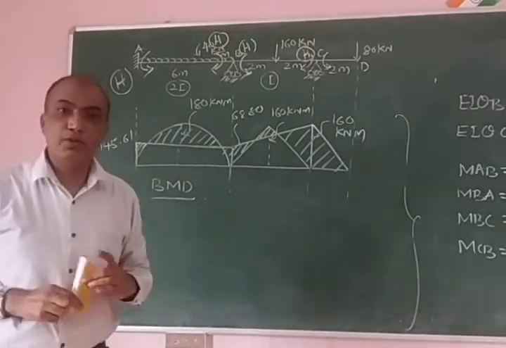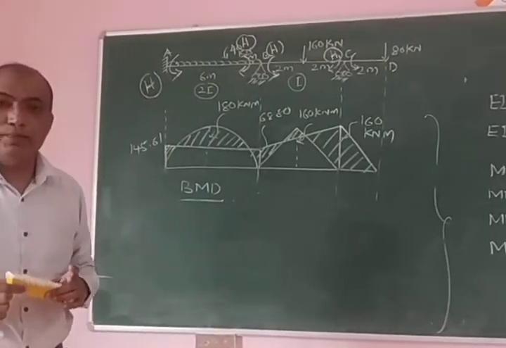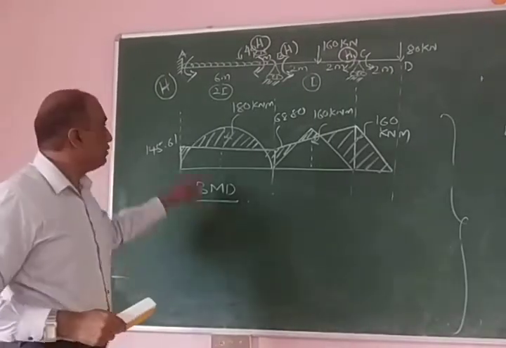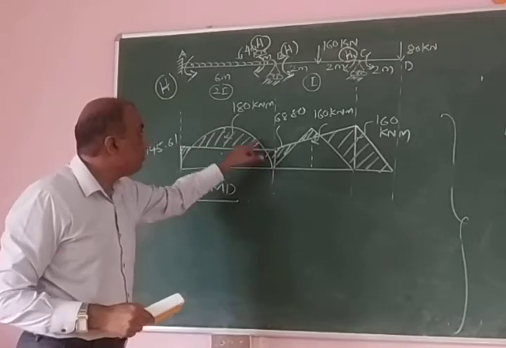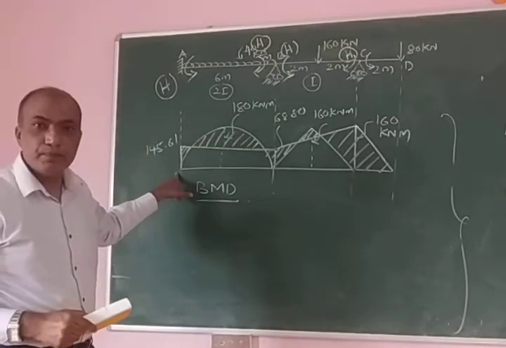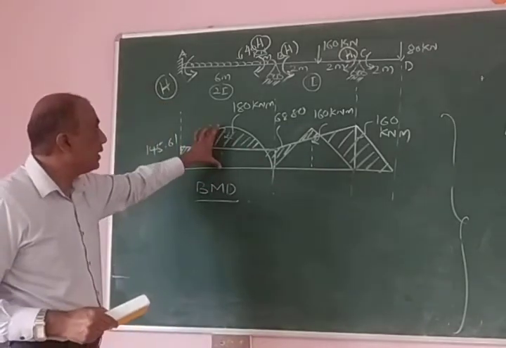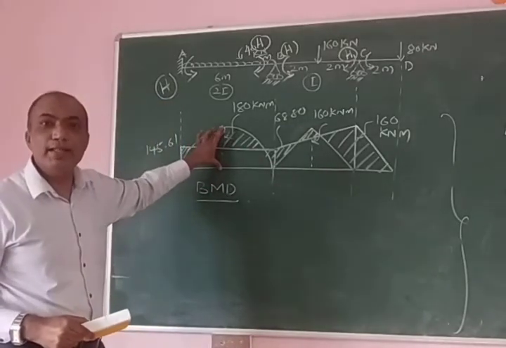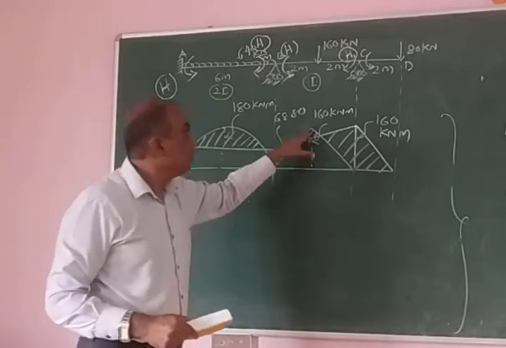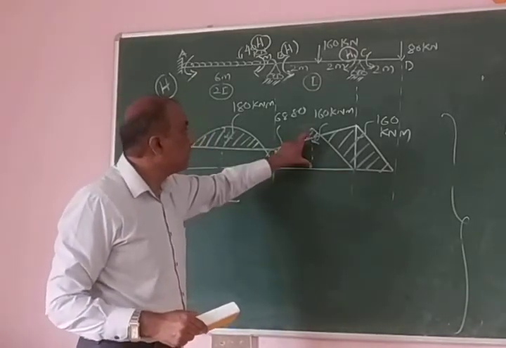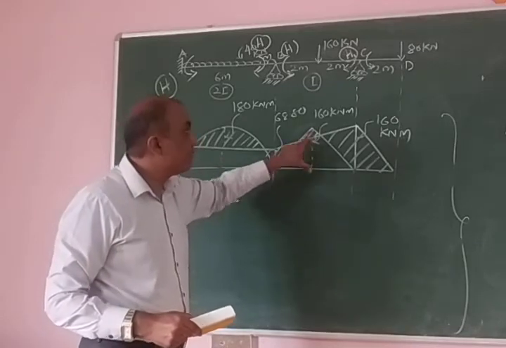I hope you have understood the concept of drawing the bending moment diagram. We have done 3 problems, so I will explain once again what I have done. First, I have drawn the free bending moment diagram, a parabola and a triangle. The parabola coordinate is 180, obtained from WL square upon 8. The ordinate of the triangular free bending moment diagram is WL by 4, 160.